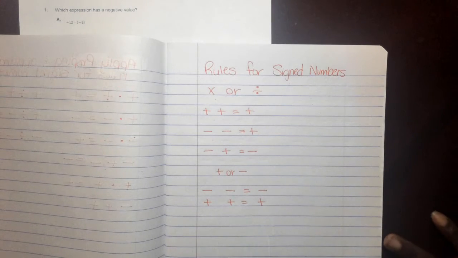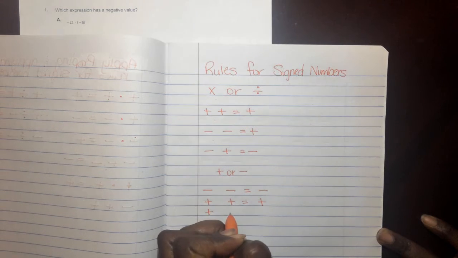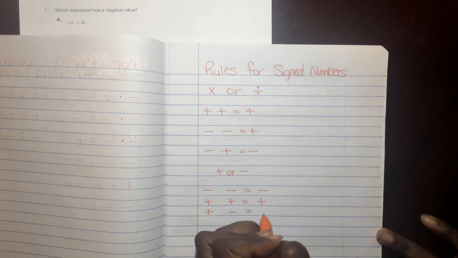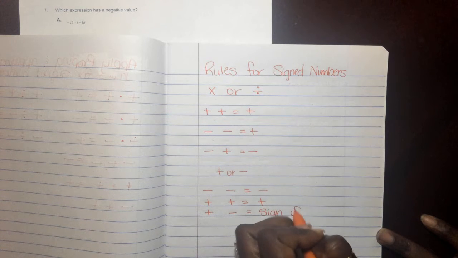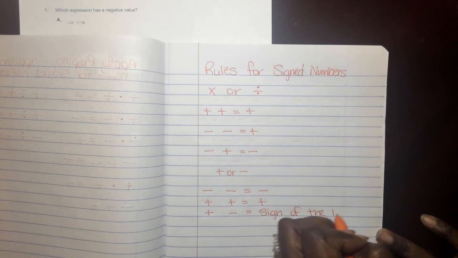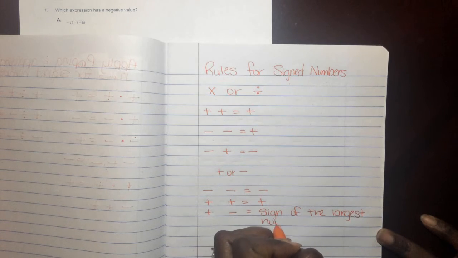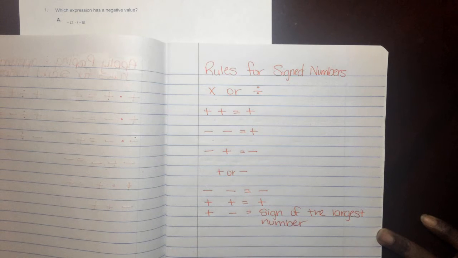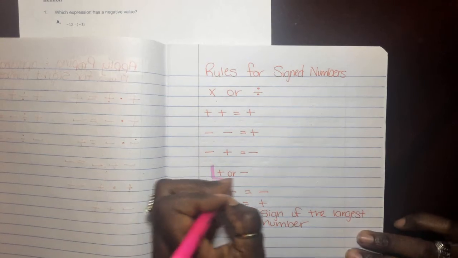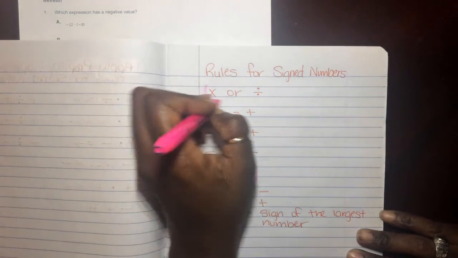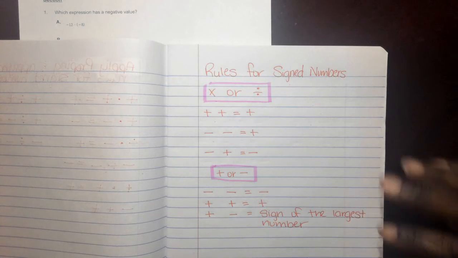And finally, if we are going in two different directions, a positive and a negative, then it is the sign of the larger number. I'm going to highlight this just so that we don't forget these. So this is addition and subtraction, and this is multiplication and division.